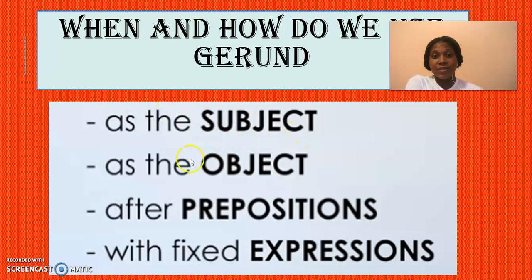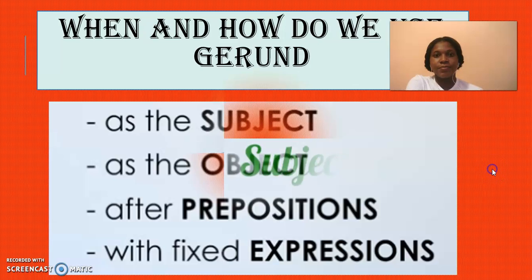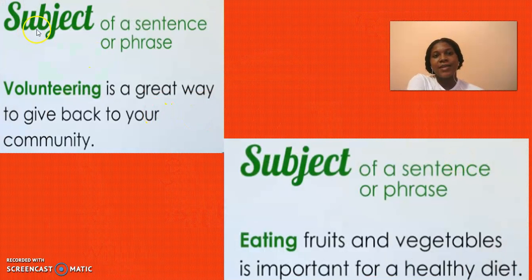When and how do we use gerund? We use gerund as a subject, as an object, after prepositions, and with fixed expressions. Here, as a subject, we use gerund as the subject of a sentence or phrase. We have the sentences here, the example, and on another side we have another example using gerund as a subject.